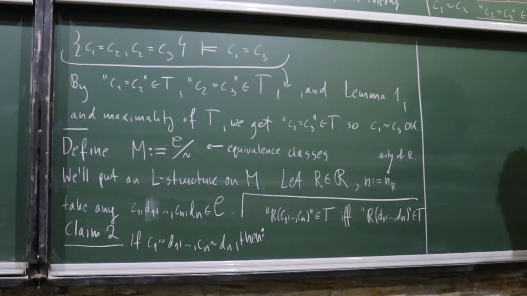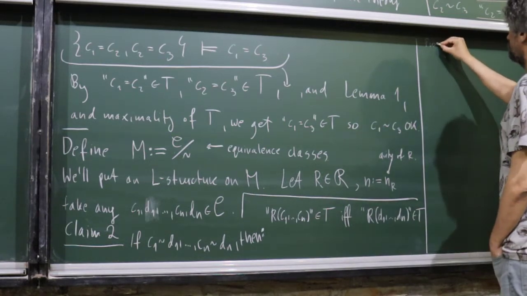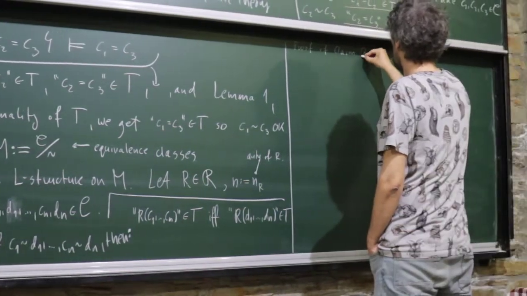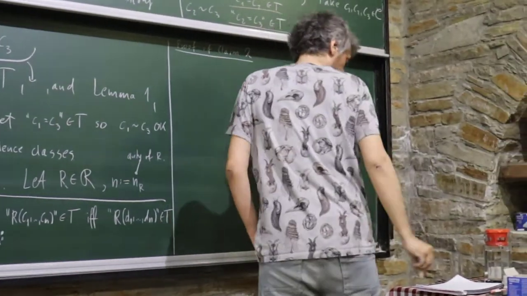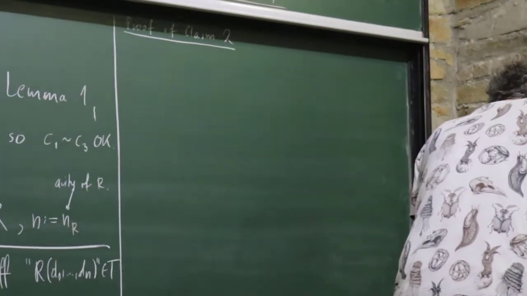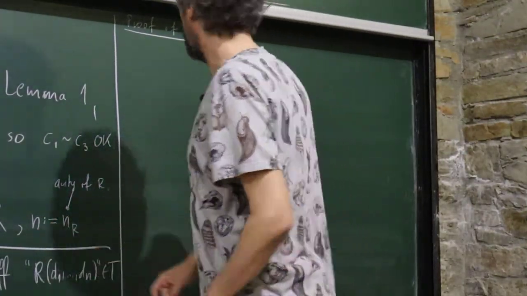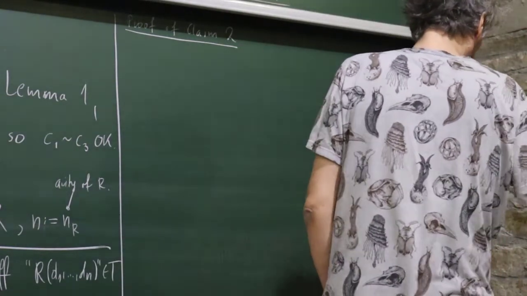So, the proof of claim 2 will be similar. It's totally symmetric, so one implication is enough.